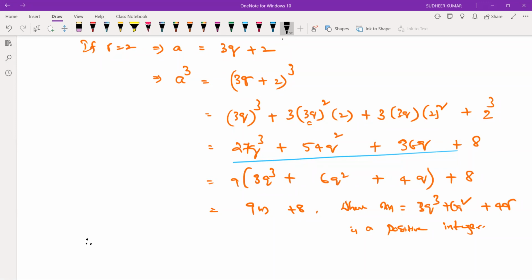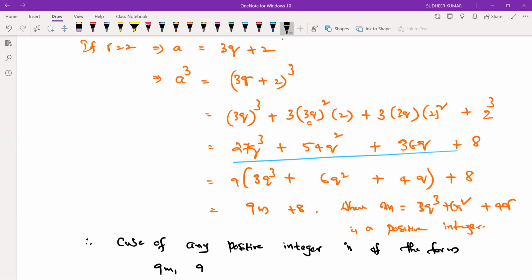Okay, therefore the cube of any positive integer is of the form 9m, 9m plus 1 or 9m plus 8.